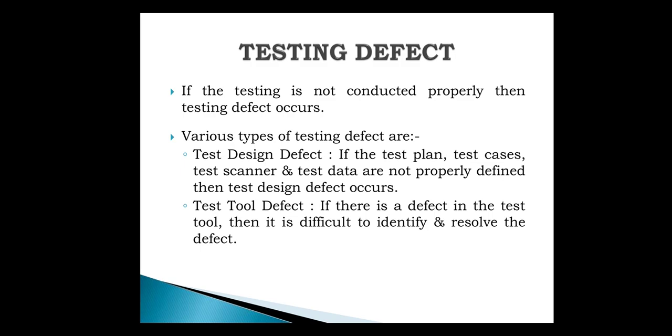Everybody is familiar with this, as everybody prepares a report. If you do not properly mention your test cases, or do not use proper input data, it is going to be a major cause of a testing defect.